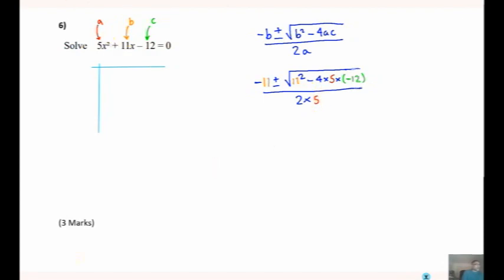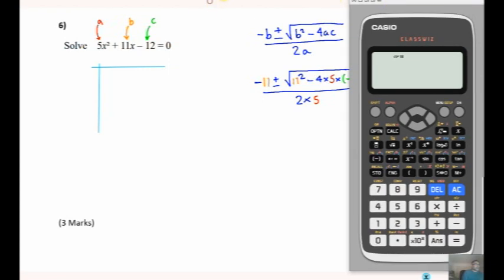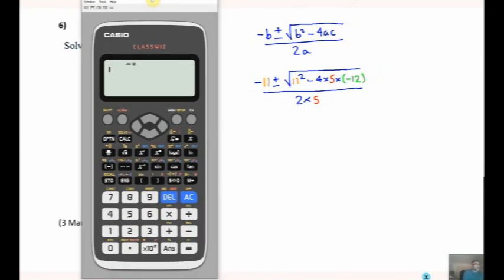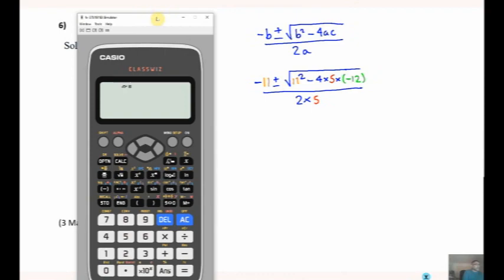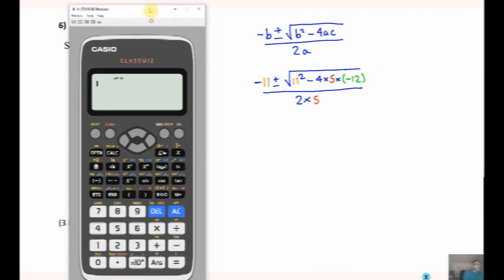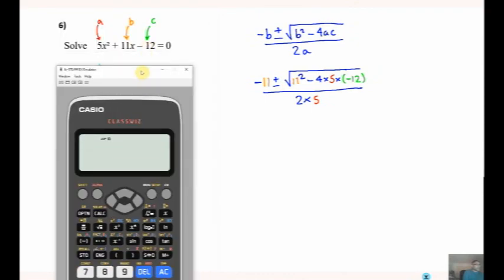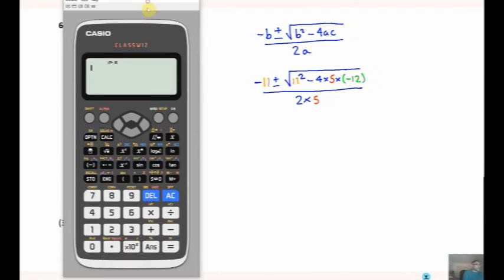Now, if you work that out, if I plug that into my calculator, always start with the fraction button first. In this case it's going to be minus 11 plus the square root of 11 squared minus 4 times 5 times minus 12.